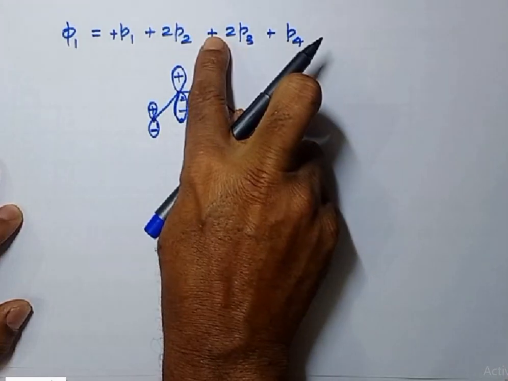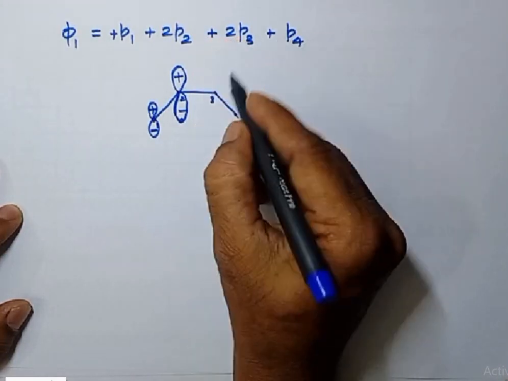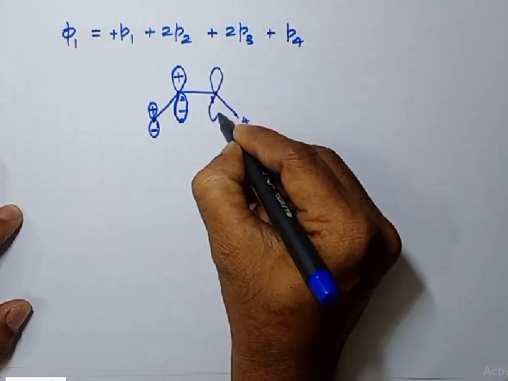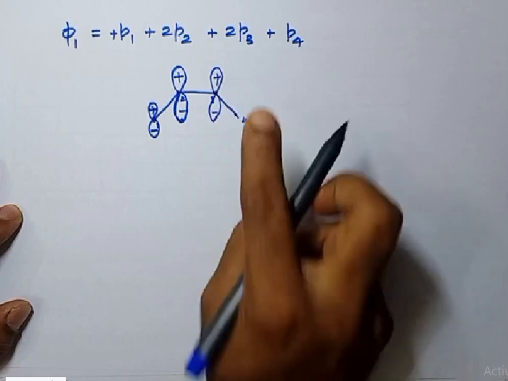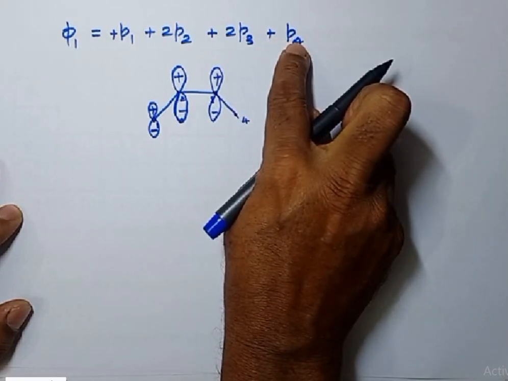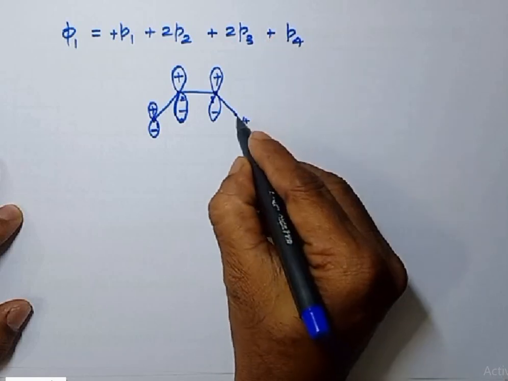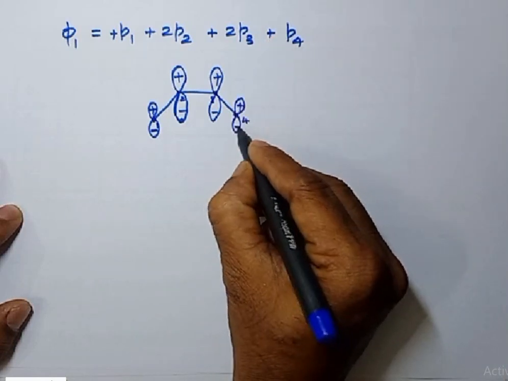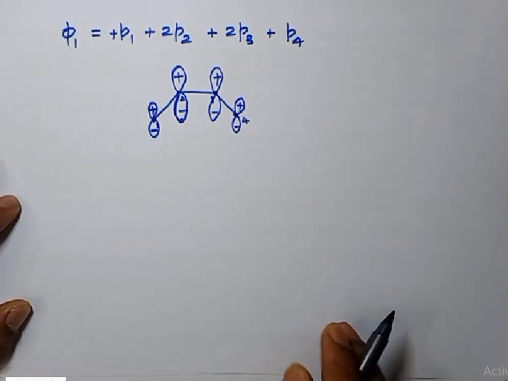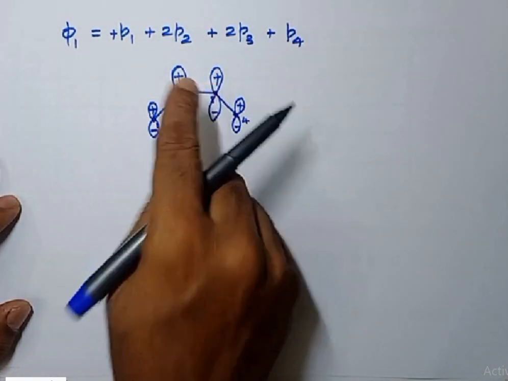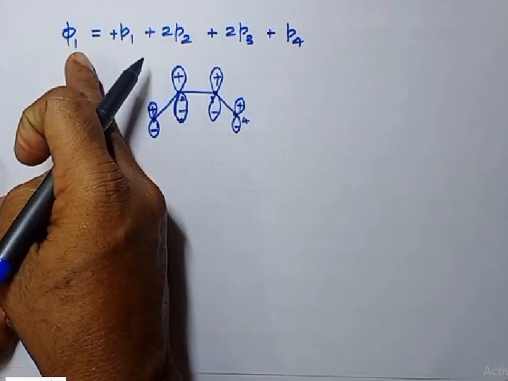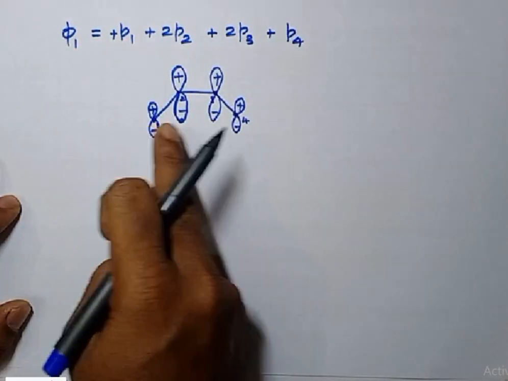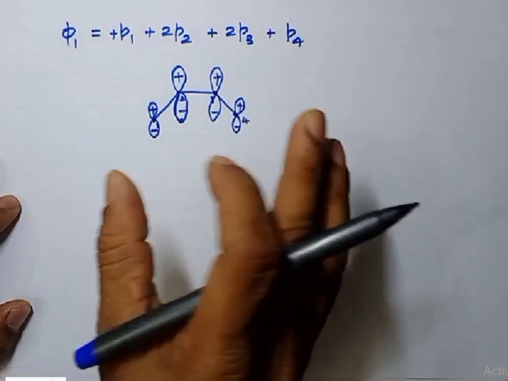Then again here I have plus, and 2 times, so I'll put a bigger lobe, plus, minus. And here we have only one p4, with a positive sign, so in the fourth carbon atom you just draw a small p orbital like this. The bigger sizes indicate these two p orbitals contribute more in the molecular orbital; the smaller size indicates these contribute to a lesser extent.